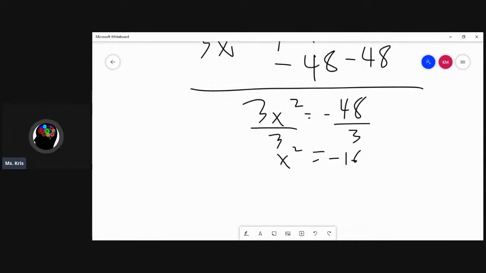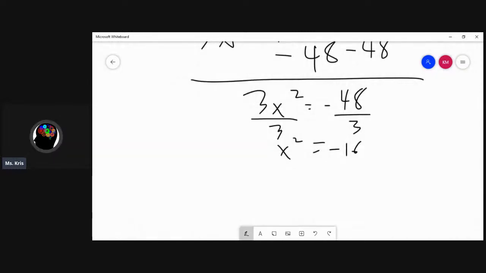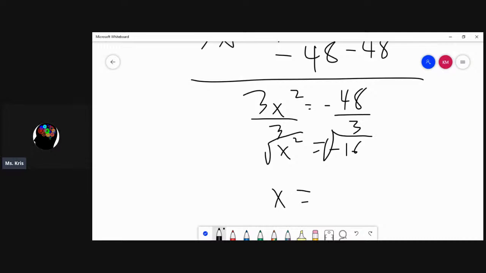Of course, if you have this type of x squared, that means you should have two answers. So I'm going to take the square root of both sides. The square root of x squared is x. And of course, you should have two answers.